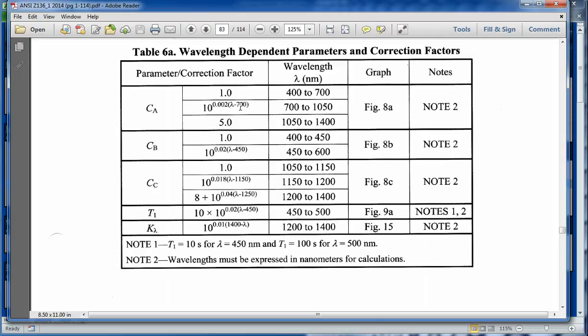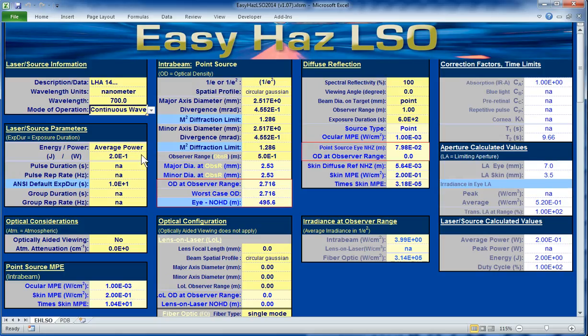So if we calculate our OD value using 700 nanometers, that will give us our most conservative approach for the entire wavelength range. And since we typically round the OD value up, we see that even though there is a dependency, 700 is 2.7, 900 is 2.3, we would still round to an OD3.